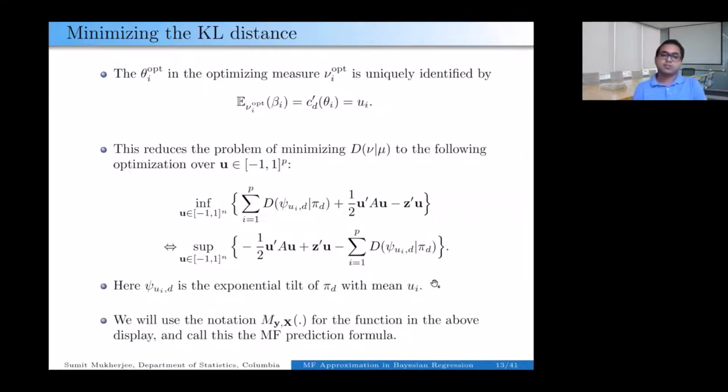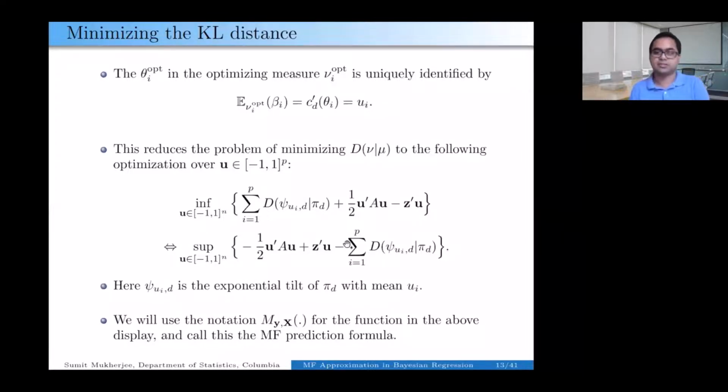But so this is the mean field optimization problem that you get out of this problem, and we'll call this function M_{y,x} because this depends on y and x. Y plays a role here, x plays a role both here and here. M_{y,x} of u. And so if you optimize this, you're supposed to get a good approximation of the true posterior, right?